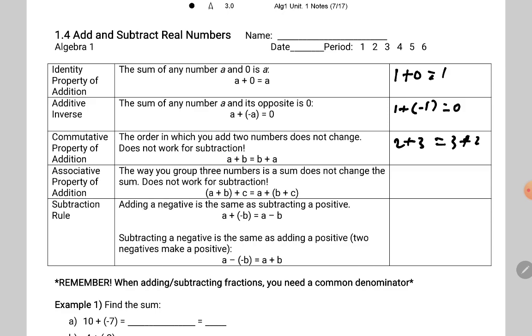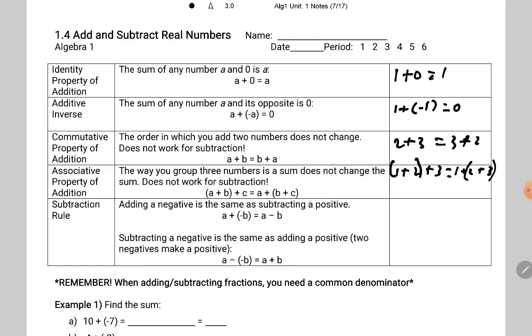Associative property. Let's say we're adding 3 numbers together. So we have 1 plus 2 plus 3. It doesn't matter which one you add first. You can add these 2 first, and that'll be the same thing as adding these 2 first.